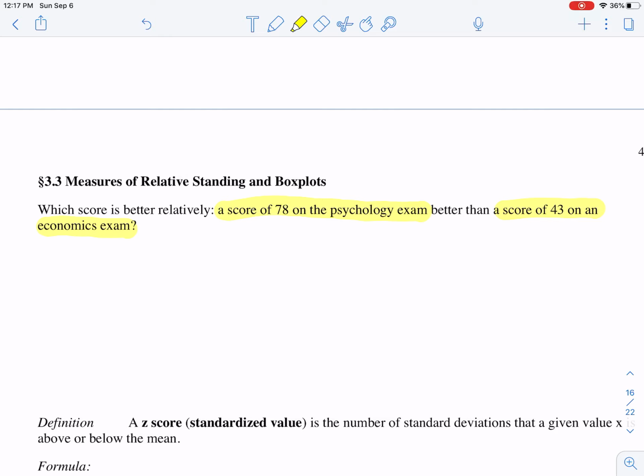What if 78 is below the class average, and 43 is above the class average? It's hard to say, but there is a way for us to figure out which score is better relative to the rest of the class.